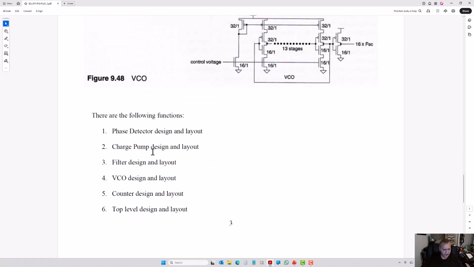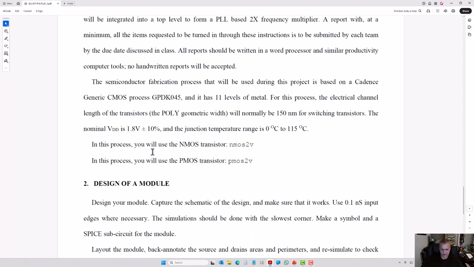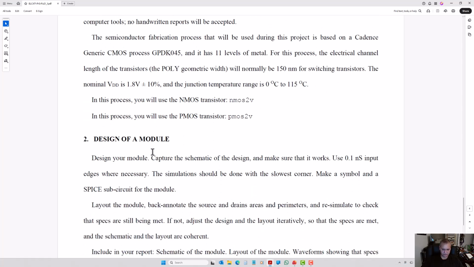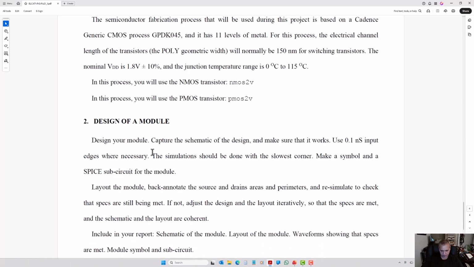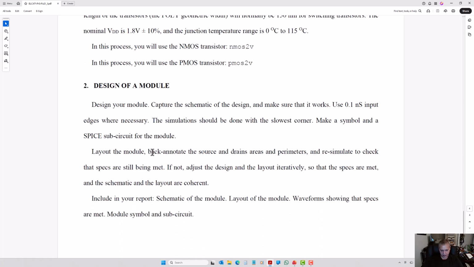I am not requiring very complex handoffs or deliverables actually. Each team is going to have a report, and as you know, I made this due at the very last end of the semester. I just need the schematic, the layout, waveforms of your tests, pre and post layout, and a module symbol and subcircuit that you use to test.